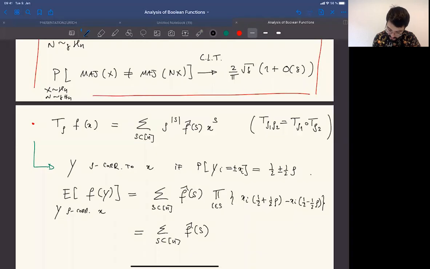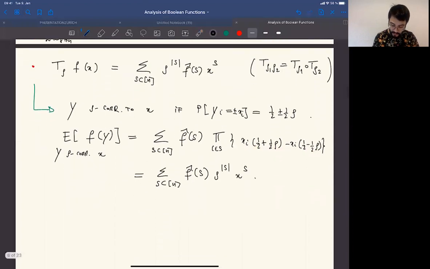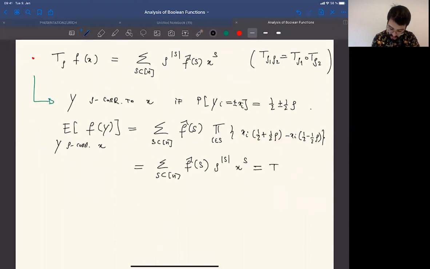This will give exactly, x_i with this cancels and you get just x_i times rho. And so you get exactly rho to the power |S| times x to the power S, which is T_rho f of x.